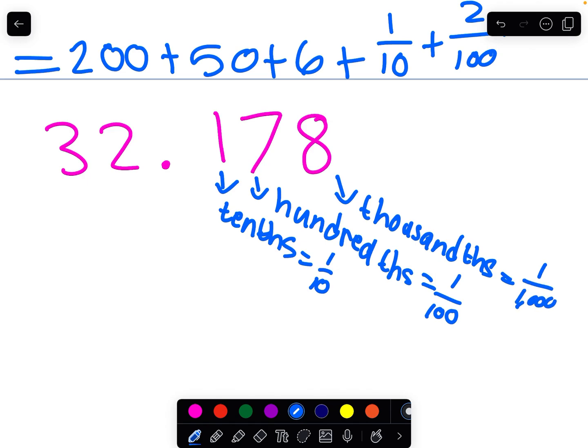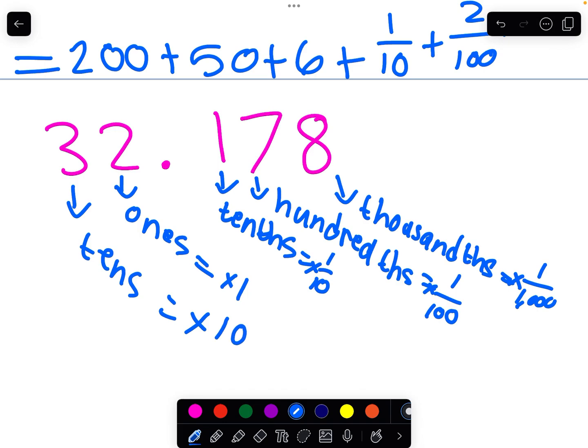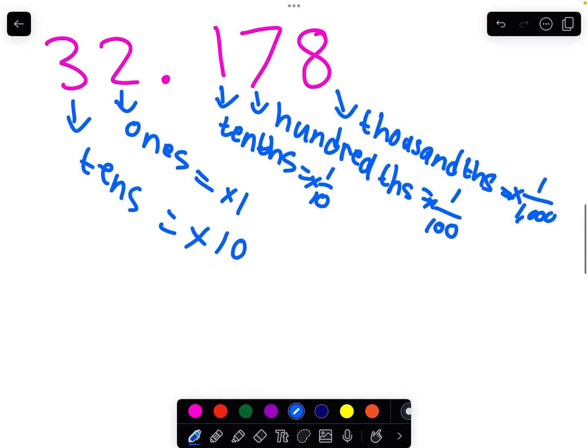And if it helps, you can also put this part here. You've got your tens, your ones here. Maybe I should put the multiplication sign in. So now let's try to write this number in expanded form.